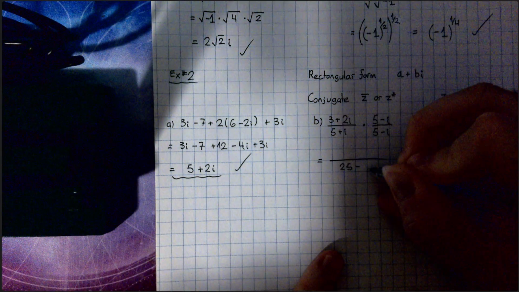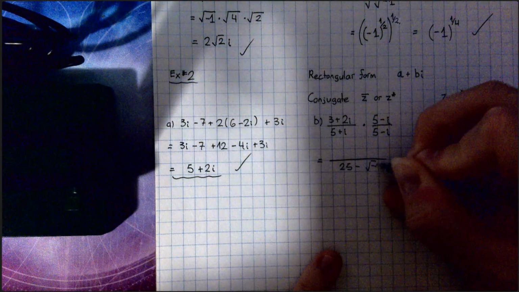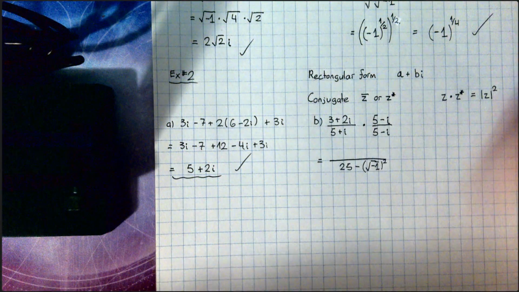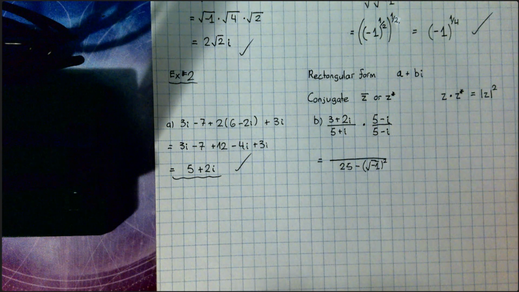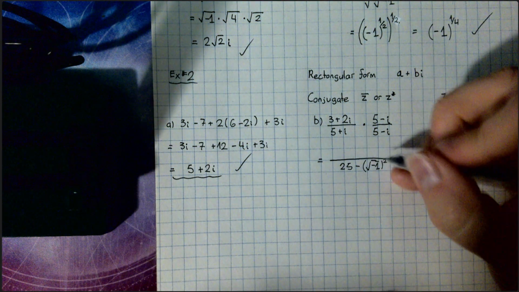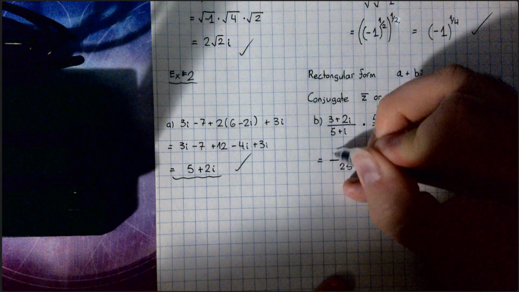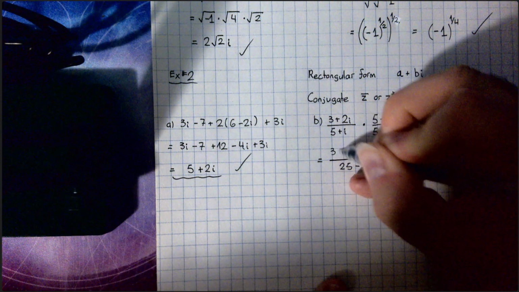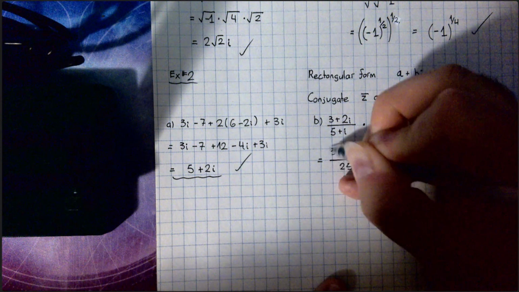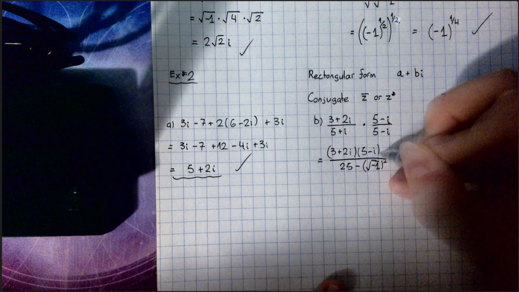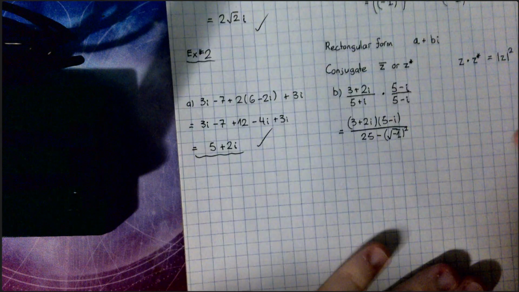We have the square root of -1 squared. And the square root and the square just simplify. So for the time being, I'll leave it like this because we have multiple steps left anyway. And then my numerator just becomes 3 plus 2i times 5 minus i, which we'll have to expand to simplify.